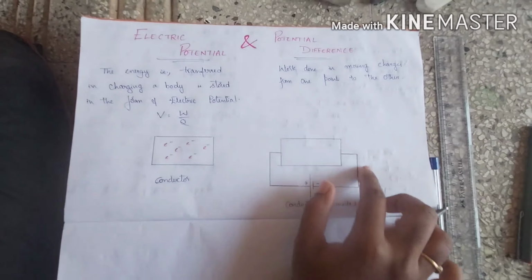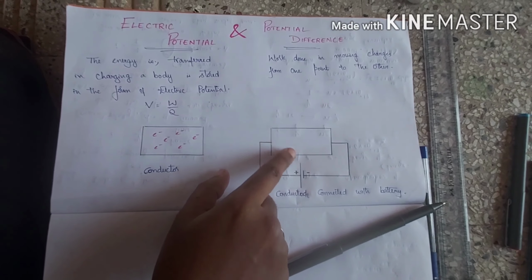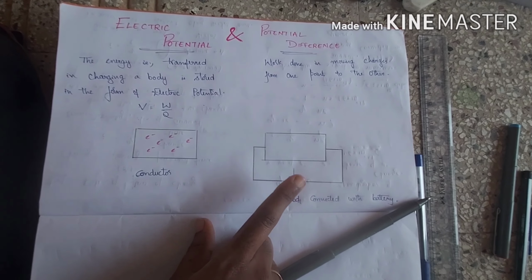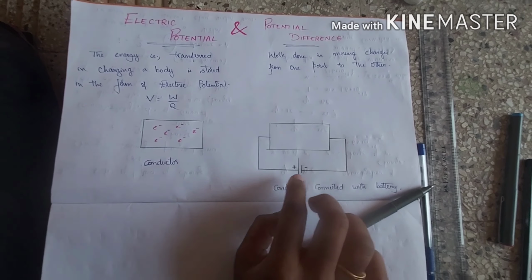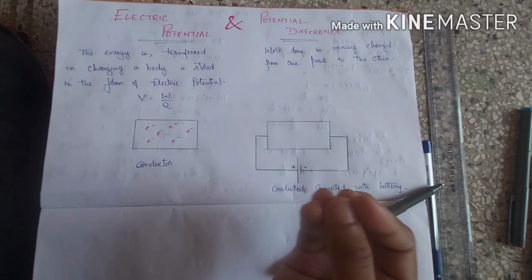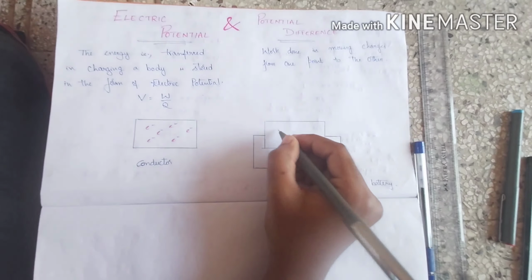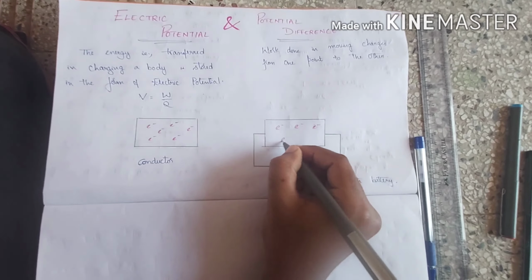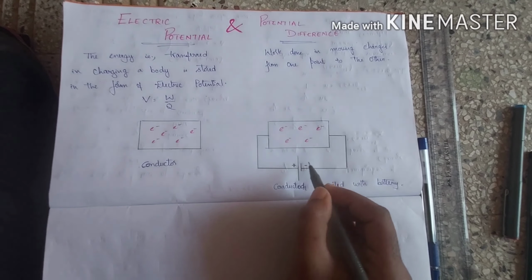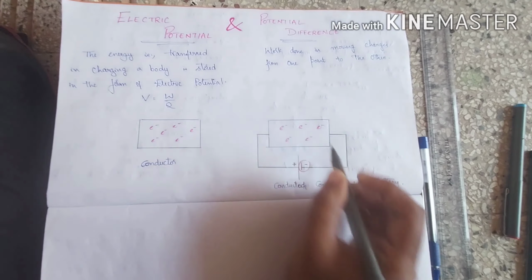Now, when the same conductor, or the metallic wire, is connected with a battery, the battery acts as a source of electricity. The chemical reaction happening inside a battery will make the electrons that are present here be repelled. So this negative terminal will repel the electrons all over this.